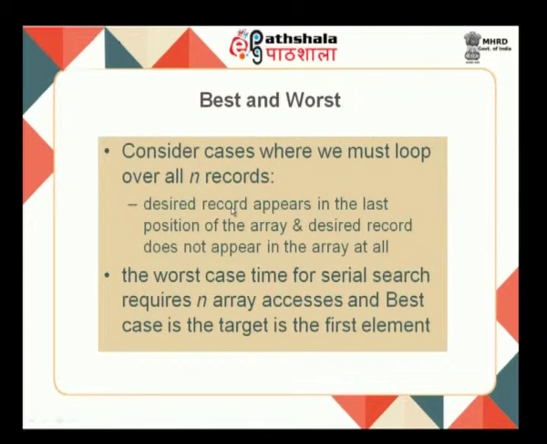Fine. So, in this case, let us assume that the target record is either present as part of the array, or it need not be present in that array at all. In that case, what would be the worst case time? The worst case is that either the target is the last item of the array.